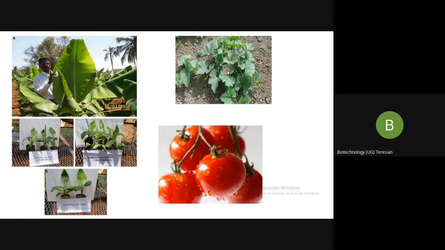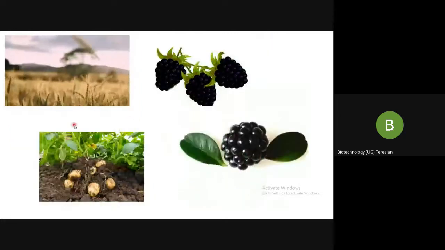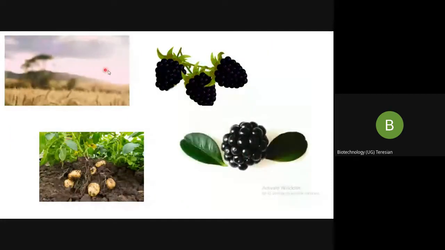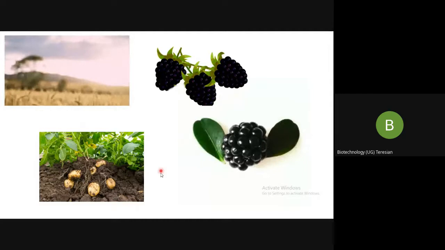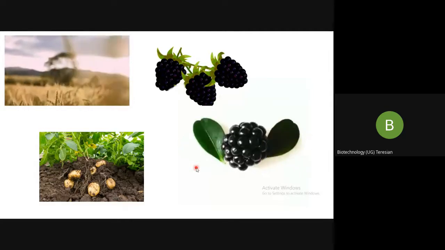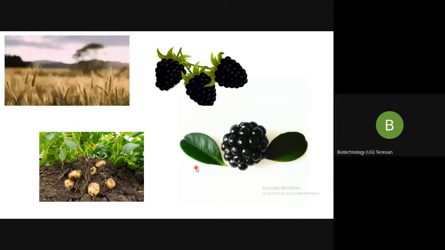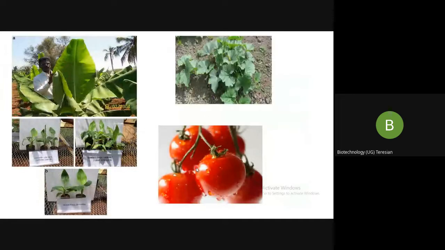They have developed a plant which is resistant to downy mildew, and resistant to other species. Tomato, which is now produced resistant to disease. Maize plant, which is resistant to fusarium. Potato also. Thornless blackberries are produced now. So these are the advantages, the benefits we are talking about, of tissue culture plants which have undergone somaclonal variation.